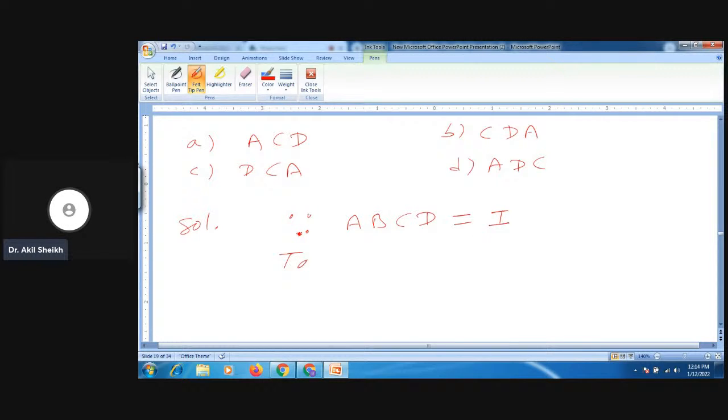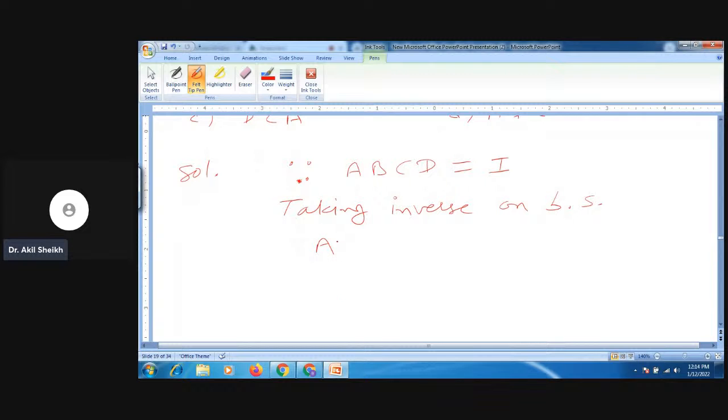So taking inverse on both sides, it becomes (ABCD) raised to minus 1 equals I inverse.